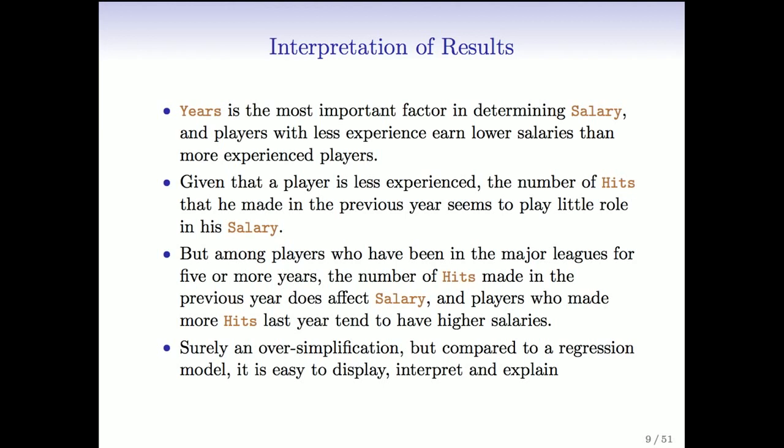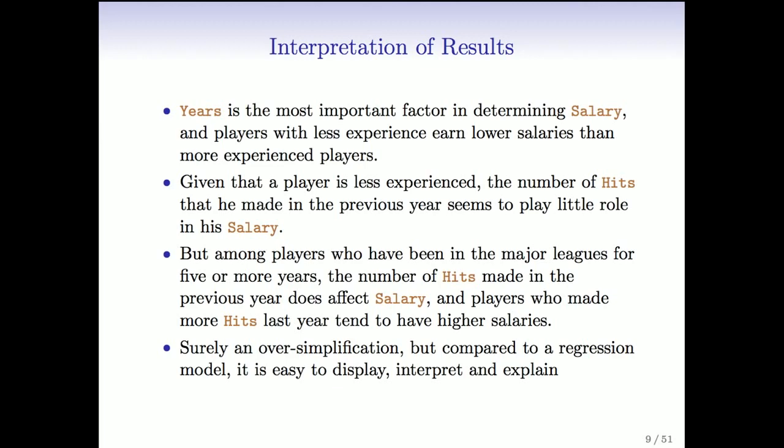So how do we interpret that tree? Well, we split first on the years of experience. So that's saying the most important factor in determining salary is years of experience. Those with less experience have lower salary. On that left branch, we didn't split any further. So it looks like the number of hits isn't important in determining salary for the players with less experience. But on the right, where we have the players with more experience, the hits is important, right?